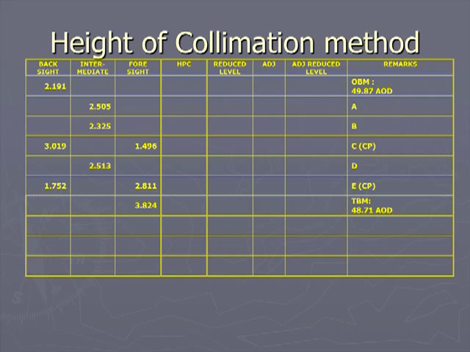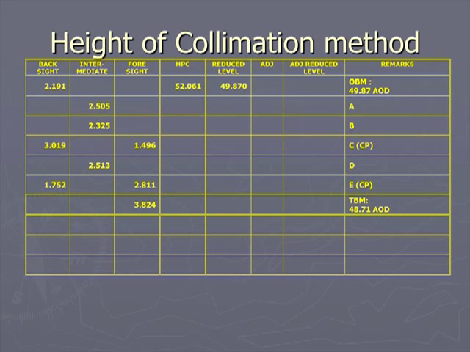So that gives us the height of plane of collimation for the first position of the instrument, which is 52.061, made by adding the backsight 2.191 to the reduced level of the first point, 49.870, the benchmark.